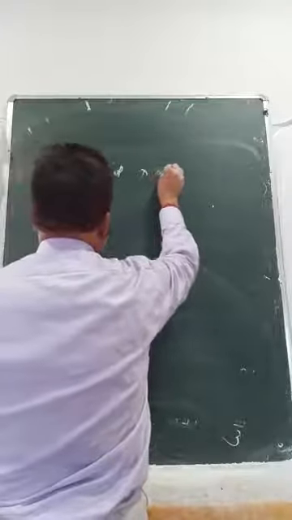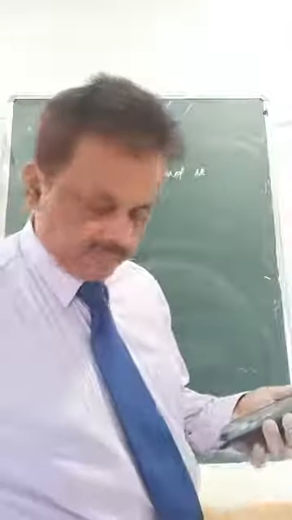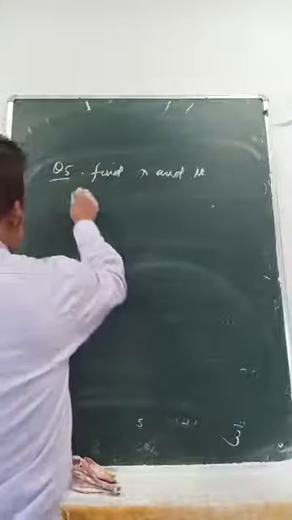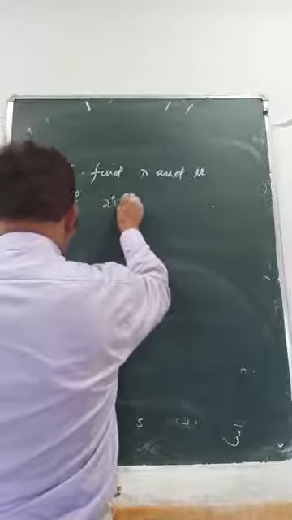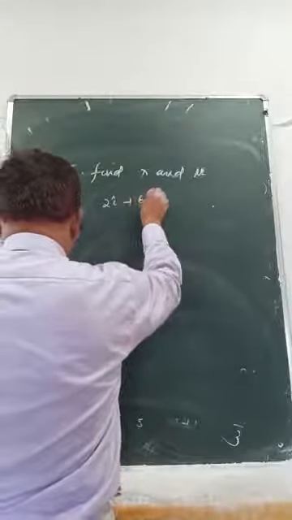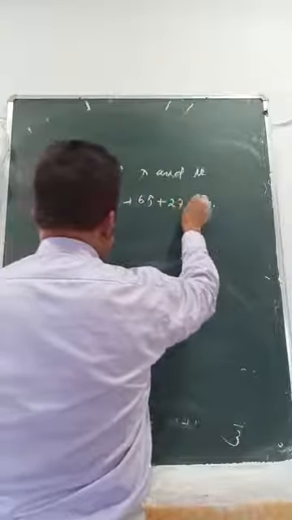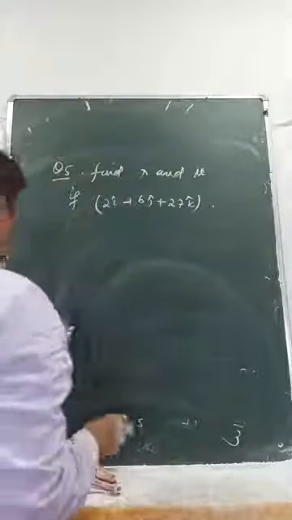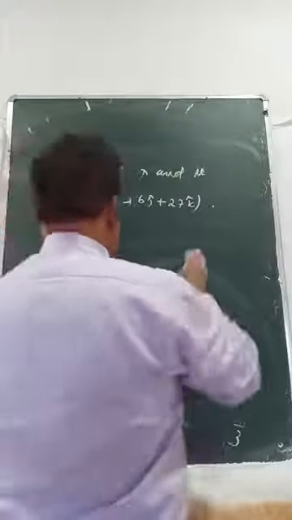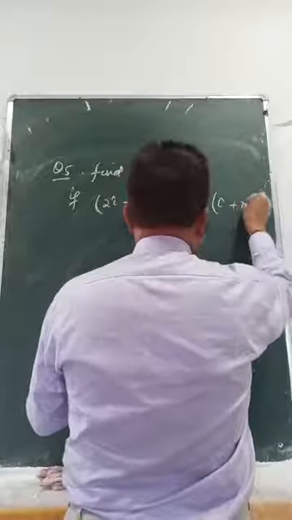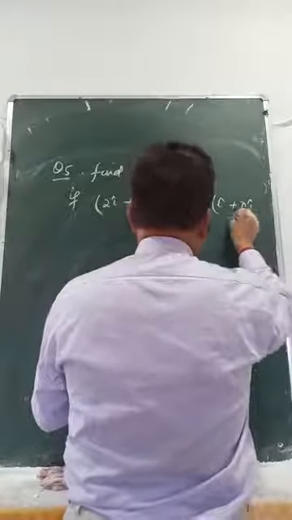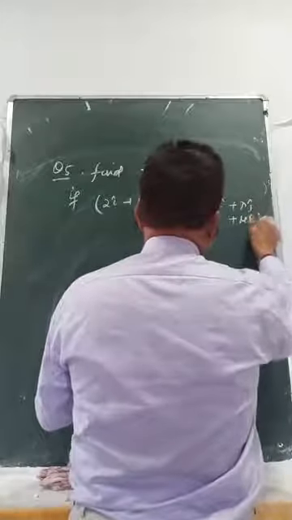Find lambda and mu if 2i plus 6j plus 27k cross i plus lambda j plus mu k equals 0.